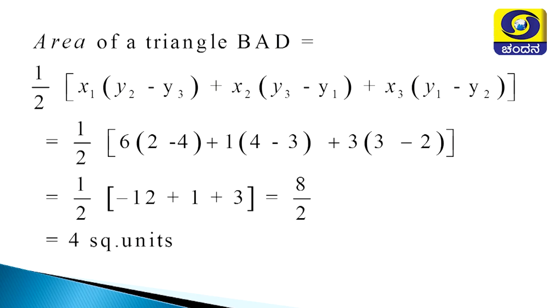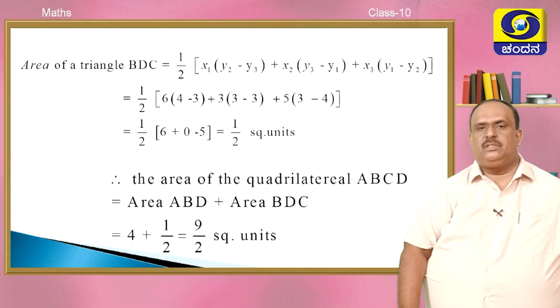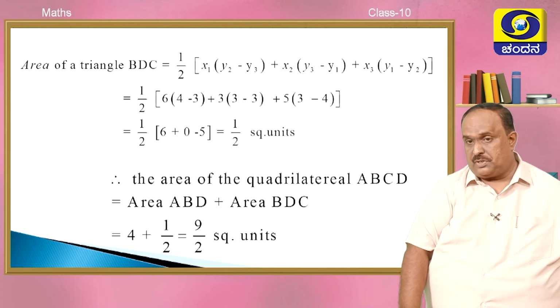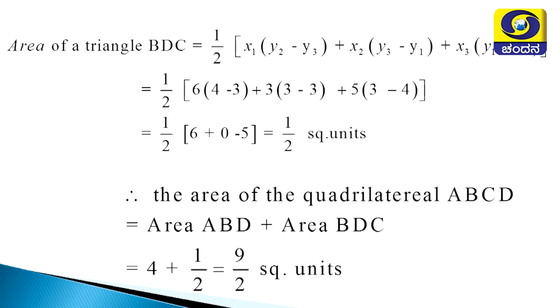You make sure every single known value is substituted properly, written properly, and simplified correctly, and that gives you 8 by 2. 8 by 2 is 4 square units, that is the area of the triangle. Next triangle BDC: write the formula, substitute, you will get half square units. See there? One triangle is 4 and the other triangle, you can see, is half square units.